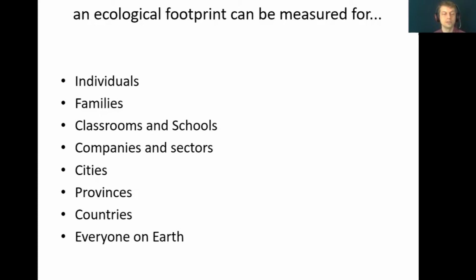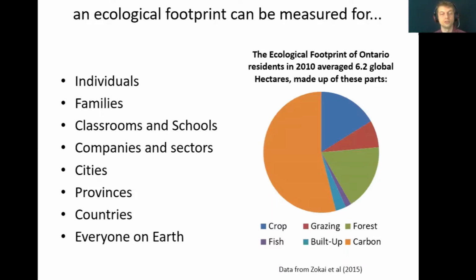As an example, the ecological footprint was calculated a few years ago for all the people who live in Ontario. Using information from the year 2010, the average ecological footprint per person living in Ontario was 6.2 global hectares.